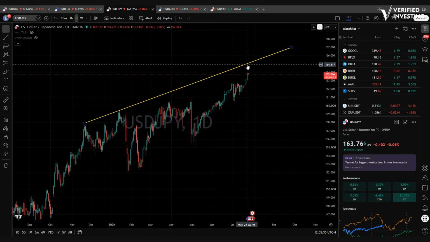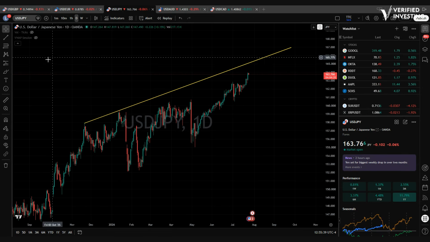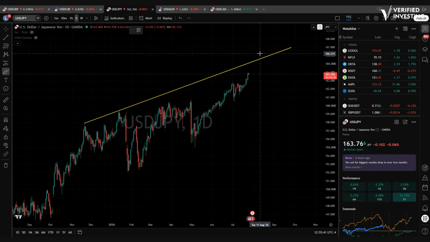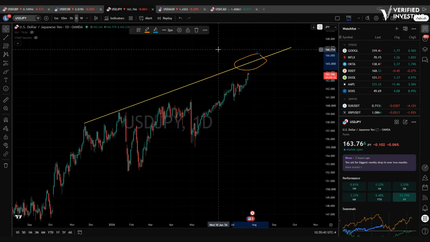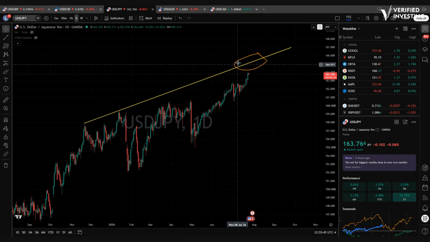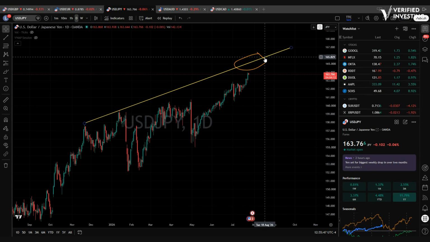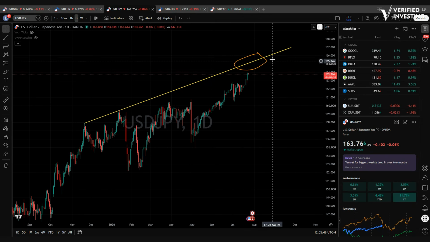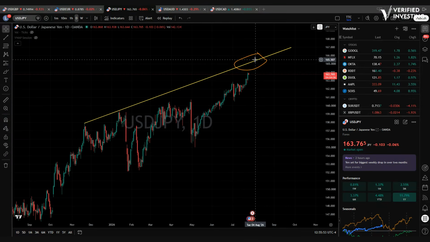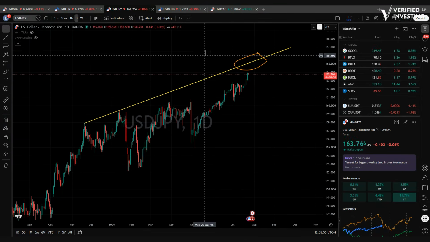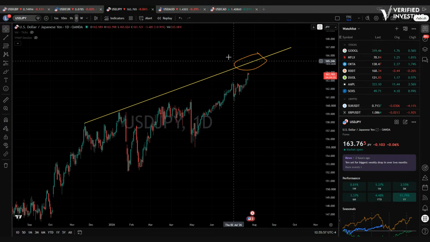This region around that 165 to 166 region, wherever it ends up hitting this trend line, is where you're likely to see a lot of resistance there. Okay, so go ahead and note that down. So if you're going to Japan, this is the hot spot to go and spend. And then if this comes down, maybe you can wait for it to go higher or see what ends up happening.